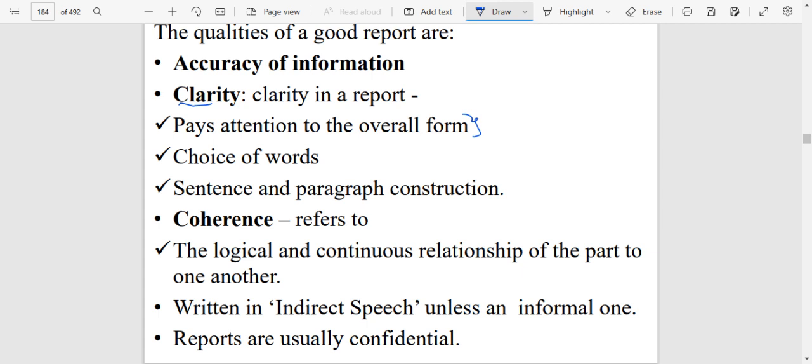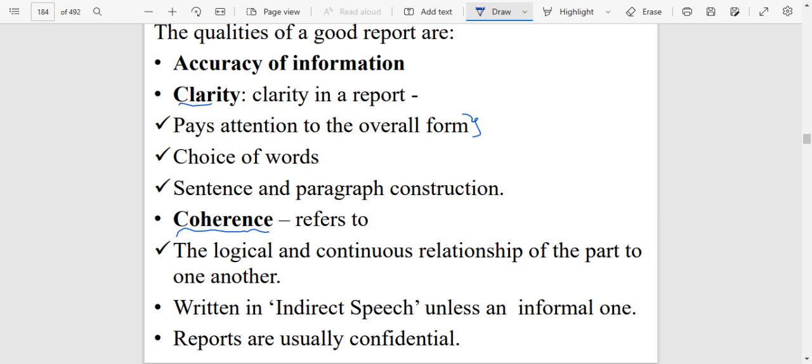So make sure that the choice of your words makes your report clear. Also the sentence and paragraph construction should be clear. How are you developing your sentences? How are you developing your paragraphs? It should be clear for people to understand what you're writing.